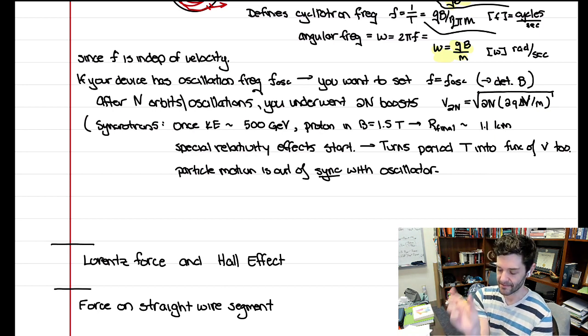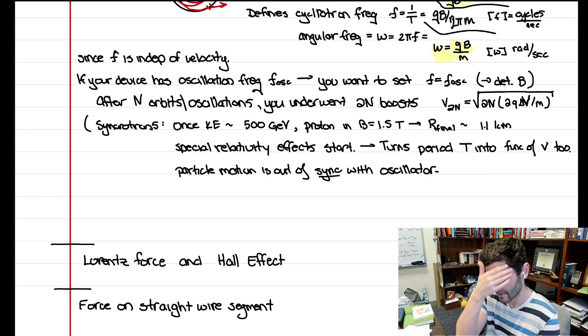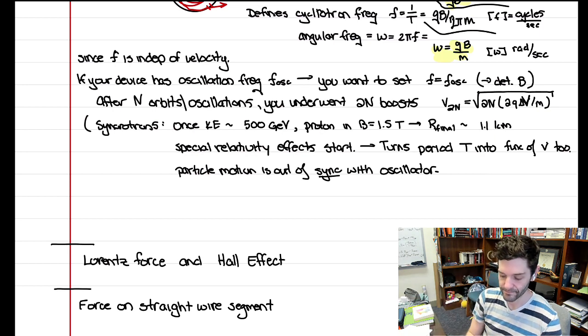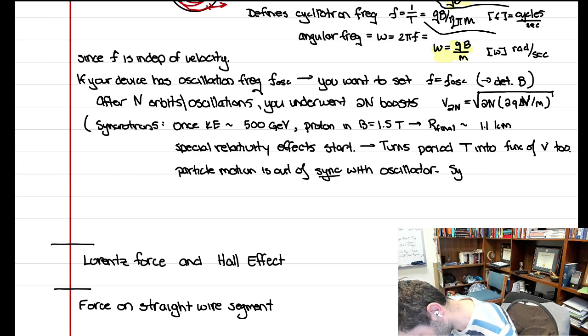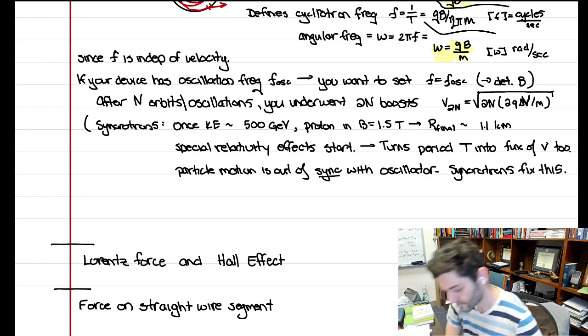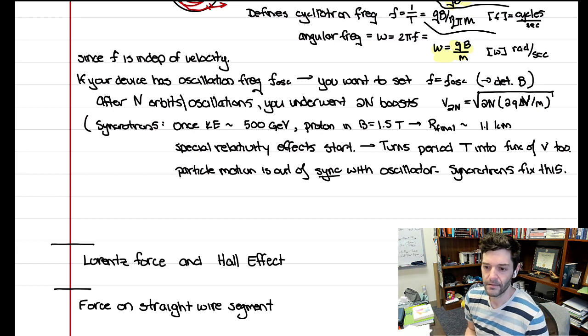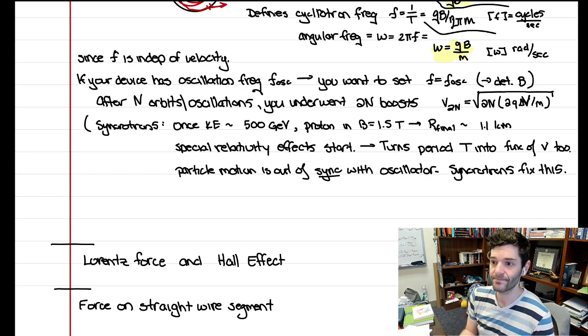In that case, the device itself changes the oscillation frequency so that it keeps track of, or stays in sync with, the particle. So I guess synchrotrons fix this. That's all I'll say about synchrotrons.